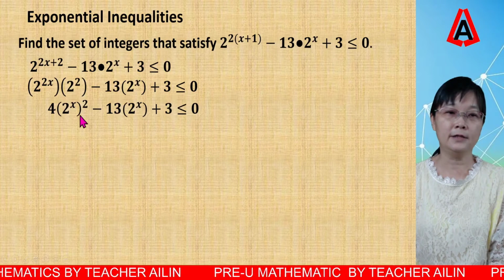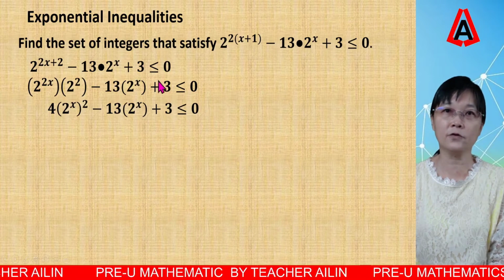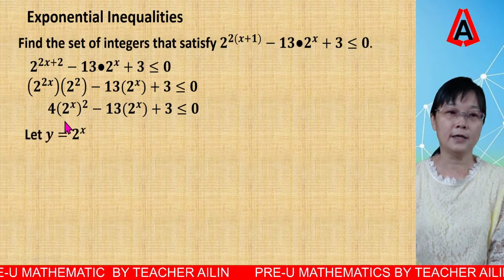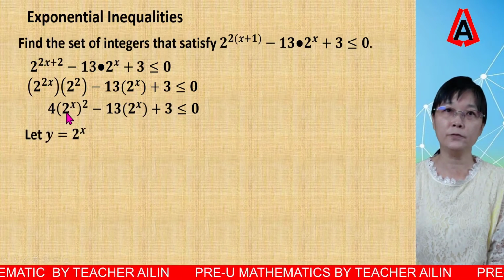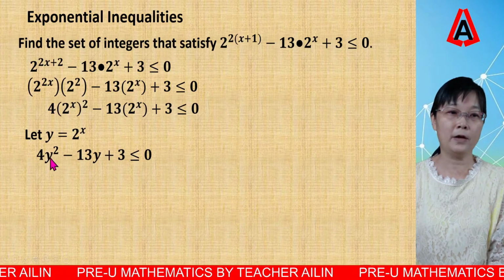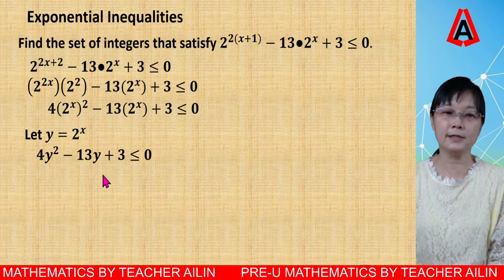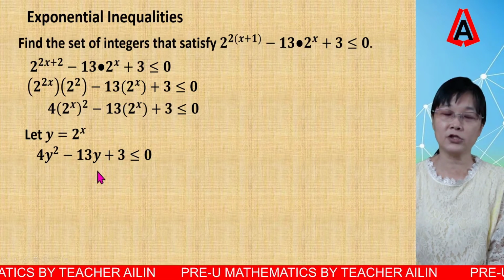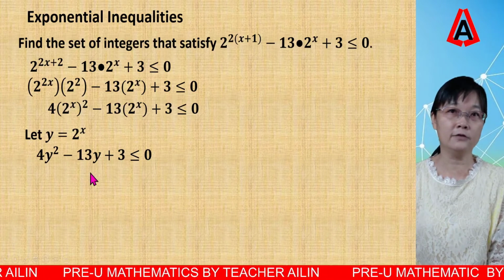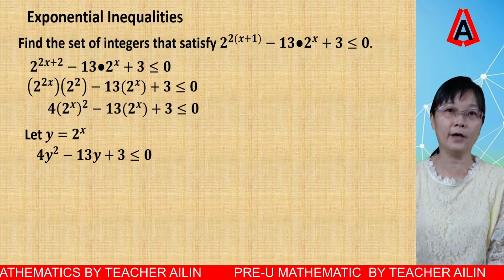Based on this expression, we find that this is actually a quadratic expression. To make it clear, I replace 2 power x with y. When we replace 2 power x with y, it is very clear that this is a quadratic expression. Then I'm going to find the range of values of y before I can find the values of x.